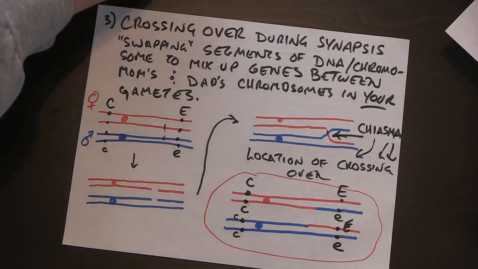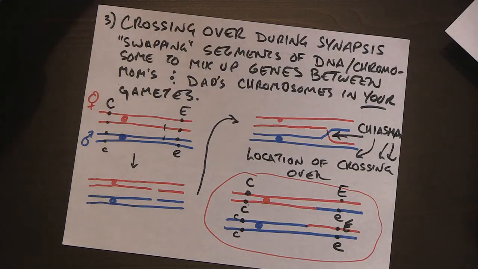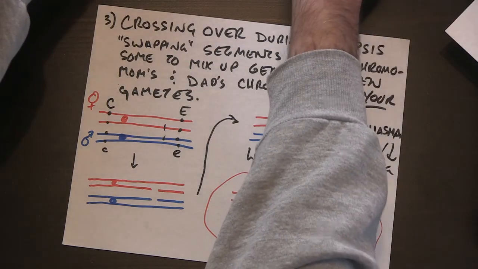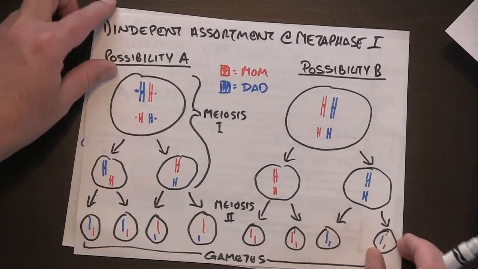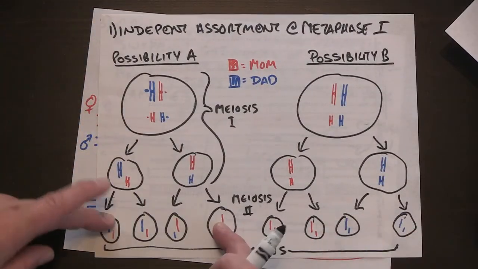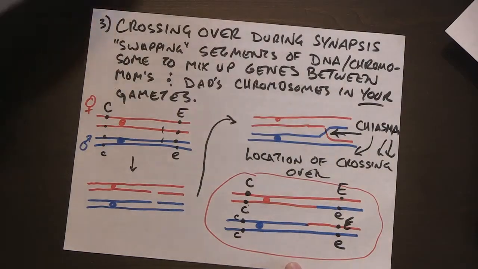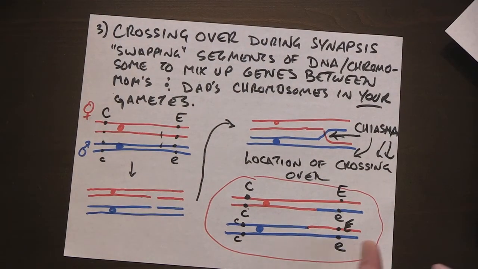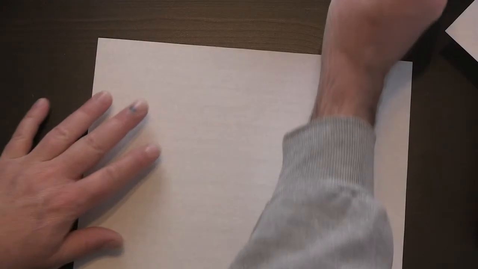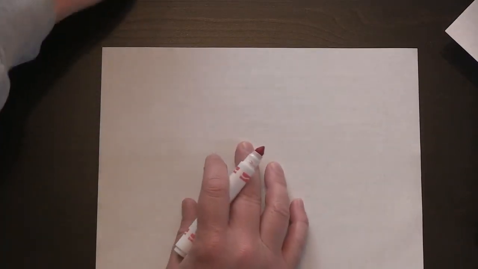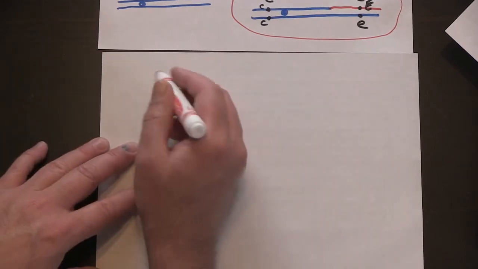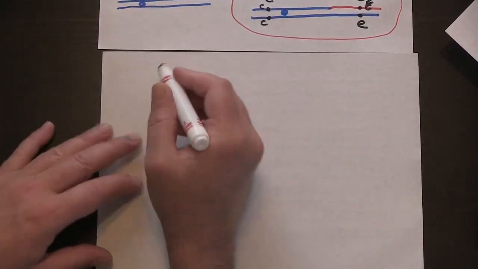So if we go back to what we did when we were talking about this, we're going to start making gametes with these different combinations. So let's draw that again. We'll draw, let's draw like this.